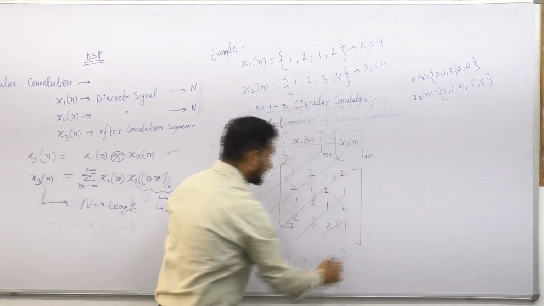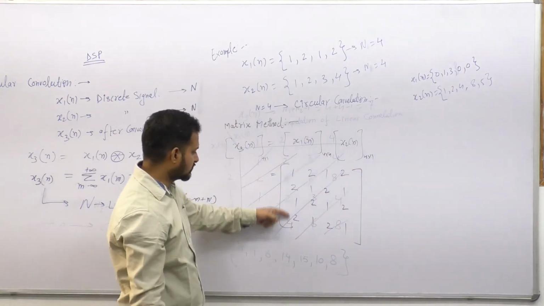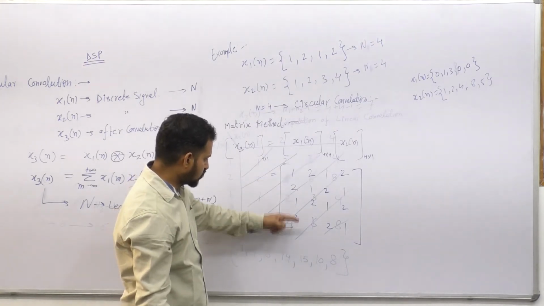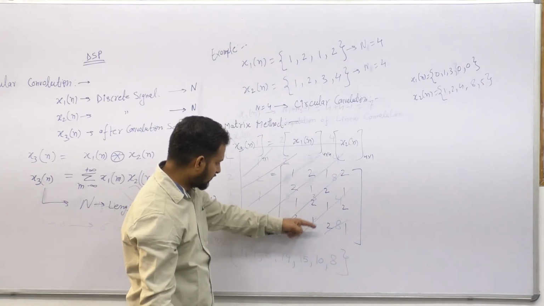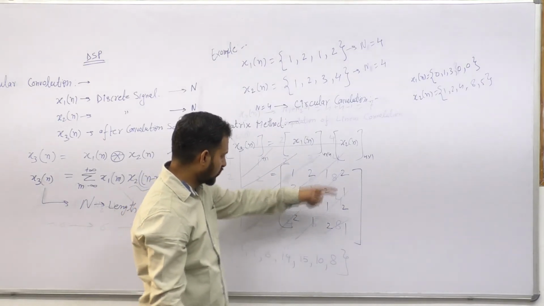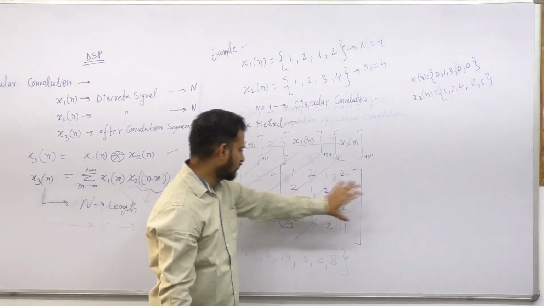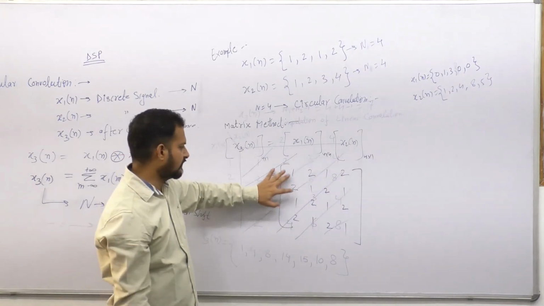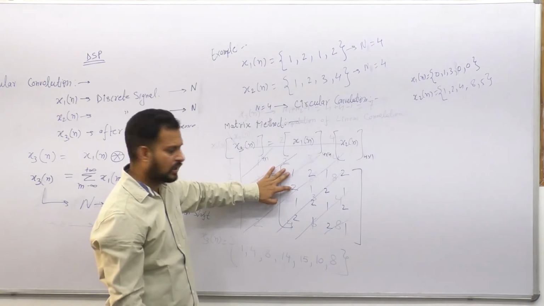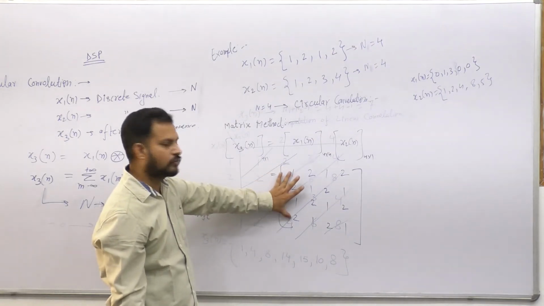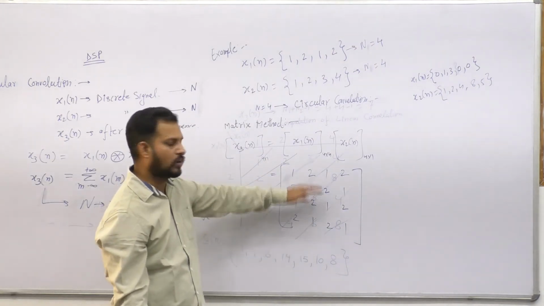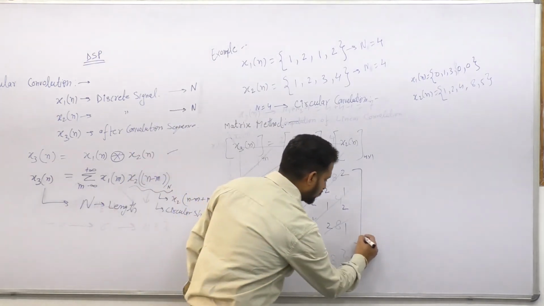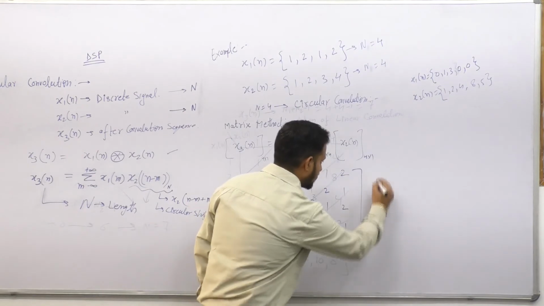So I have shifted 3 times. One is the normal sequence, next shifting, next shifting. If I again shift, that will be equal to my first shift, so it will be a repetition of this. Initially we have a repetition in the sequence as well, so we will count these 4 values and move one shift at a time. That's how we have constructed the 4 by 4 matrix.